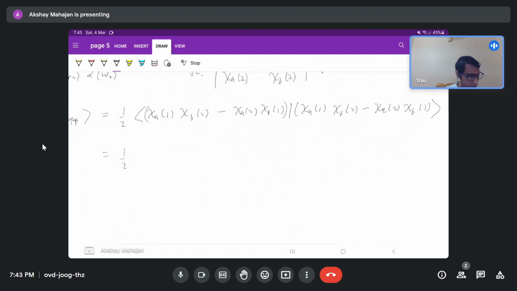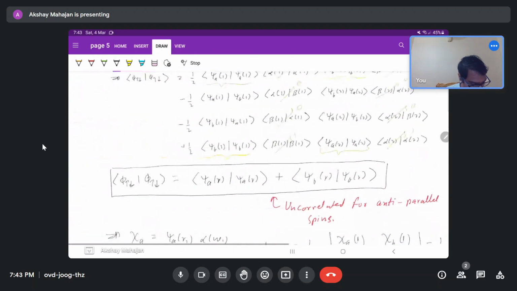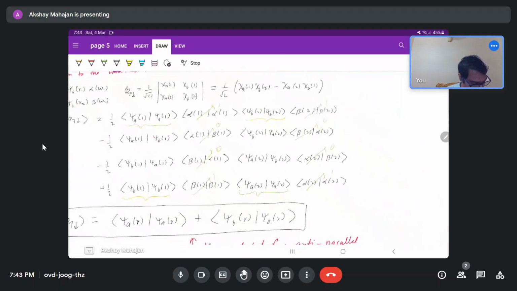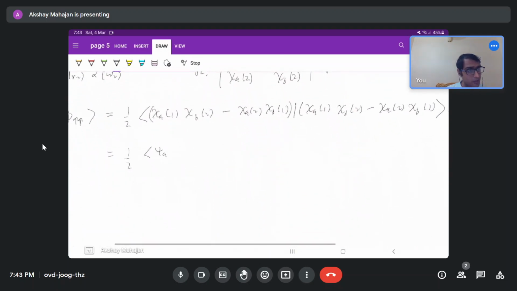Okay, basically we will get similar things. What we were getting is terms like these. So we will get the same psi A of 1 and psi B of 2.